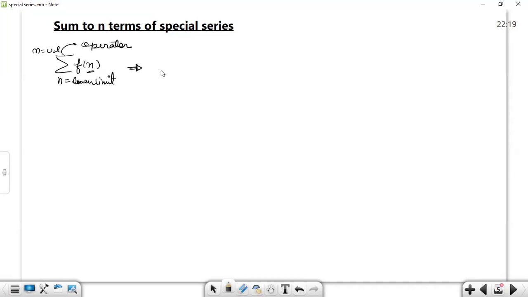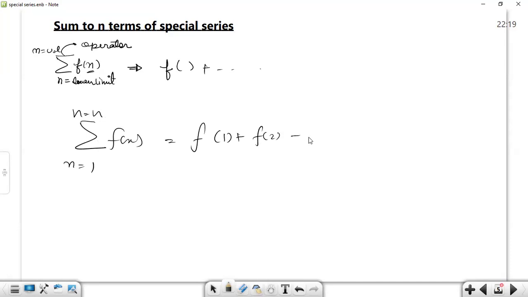Then we start from the lower limit. Let's take an example: a function from n equals 1 to n equals n. It means f of 1, f of 2, plus and so on till f of n. That is the sigma operation.